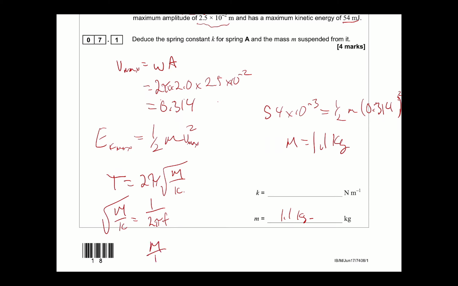So M over K is 1 over 4 pi squared F squared. So K is actually equal to 2 pi F squared times M.